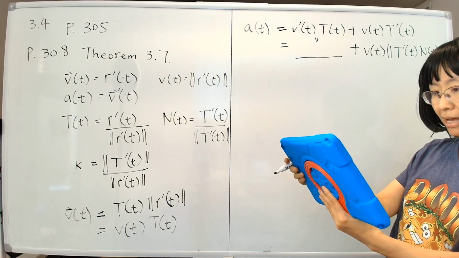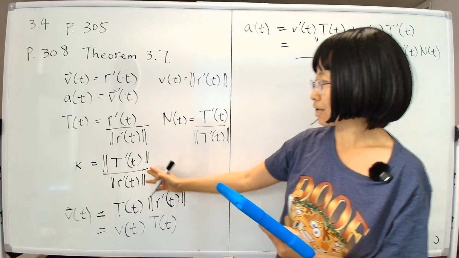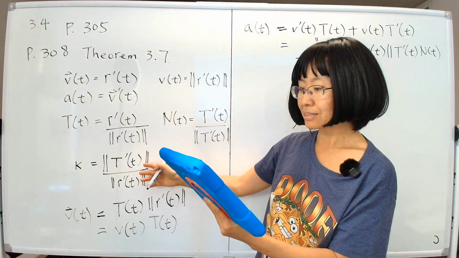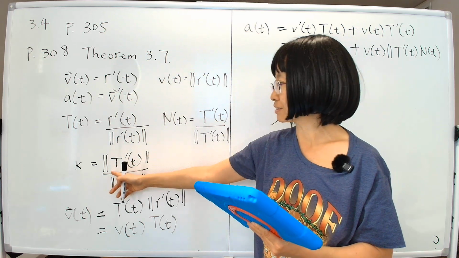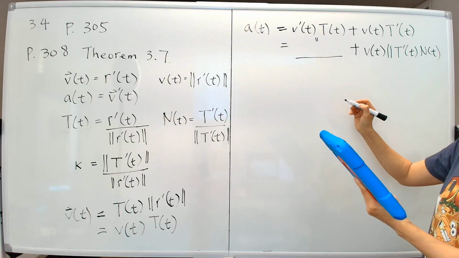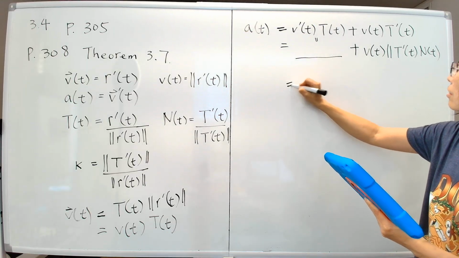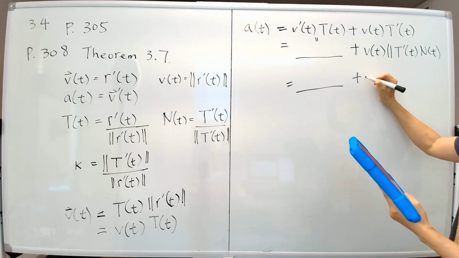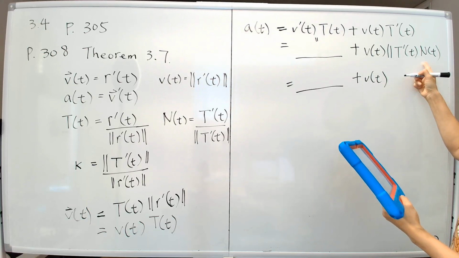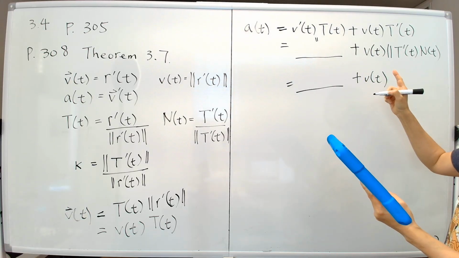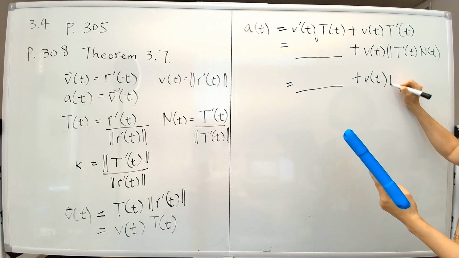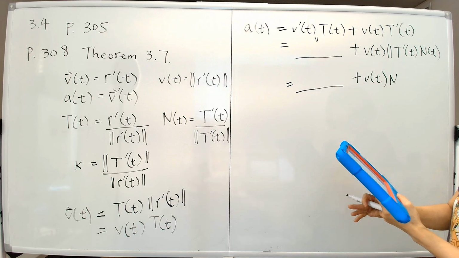And then we have one more thing, which is plugging in the kappa. Here's our kappa. Kappa means that the magnitude of T prime is that times that. So we plug that in, so that equals this thing here plus v of t times N of t.